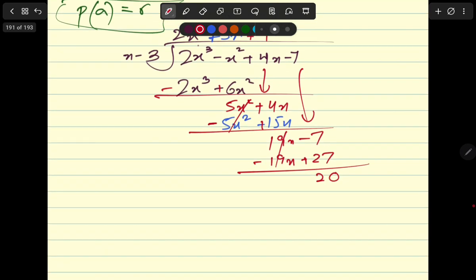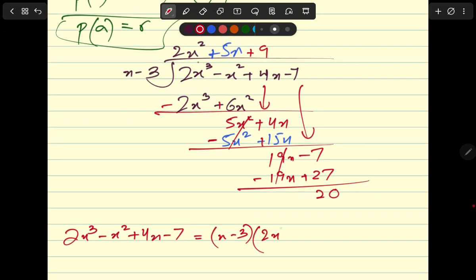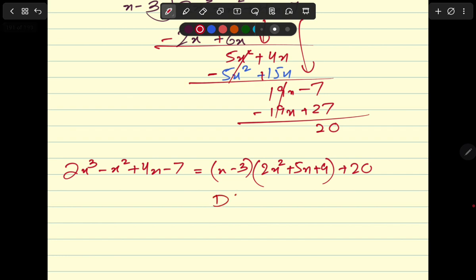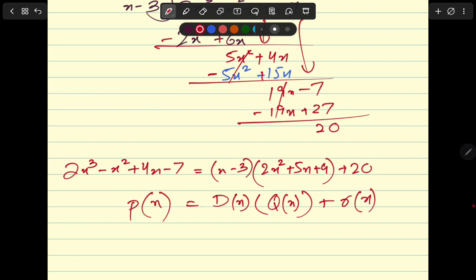Now I can rewrite this cubic polynomial, 2x cubed minus x squared plus 4x minus 7, as a product and sum. So a product of the divisor x minus 3 times the quotient, which was 2x squared plus 5x plus 9, and plus 20, which is the remainder. So this is the divisor, this is the quotient, and this is the remainder, and this is a composition for our polynomial. Now our remainder is simply 20.